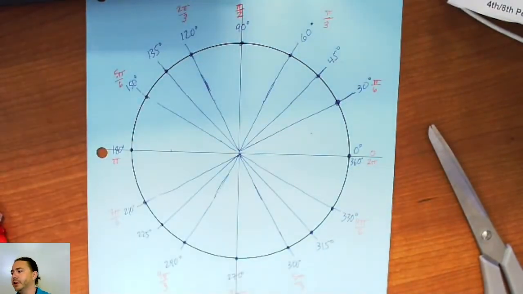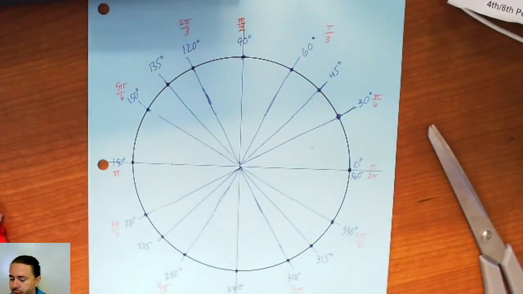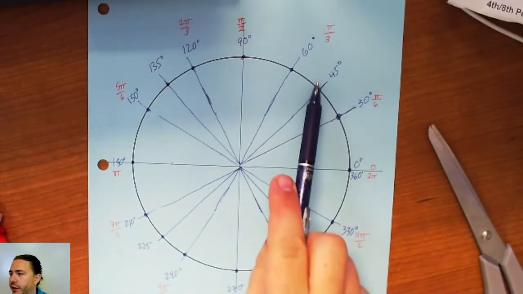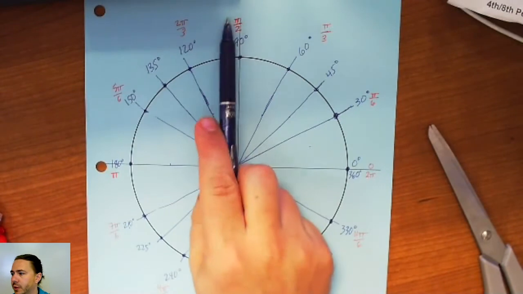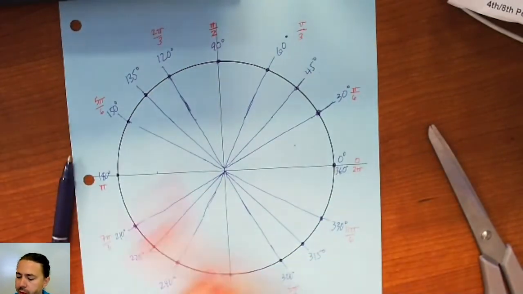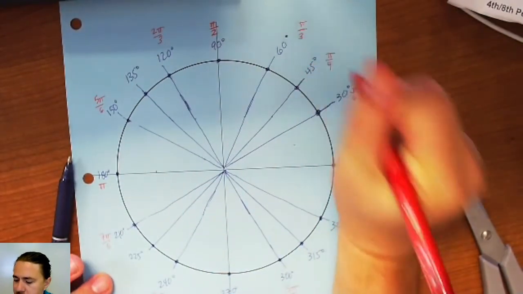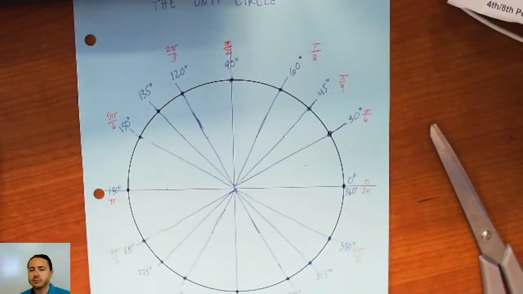I'm getting a little ahead of myself. Okay, so if we want to know what 45 degrees is as radians, we know it's half of 90 degrees. So half of pi over 2 would be pi over 4. And just like what we did with the pi over 6s, we can go around and add an extra pi over 4 for every 45-degree increment and reduce as you go.